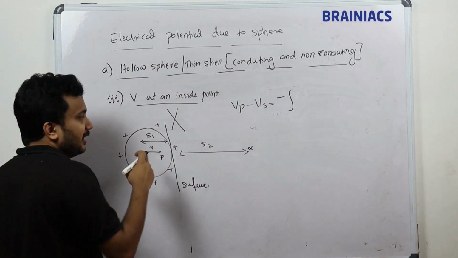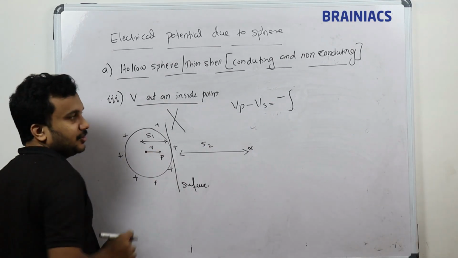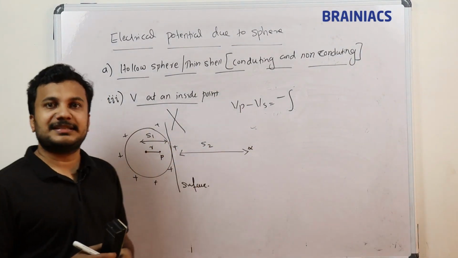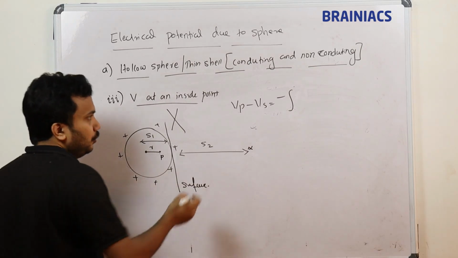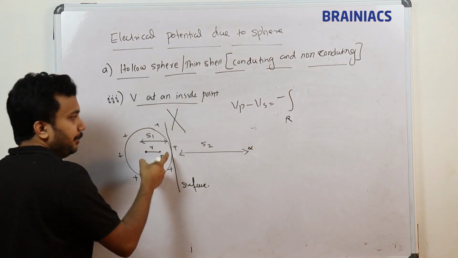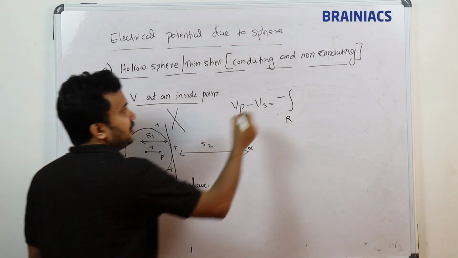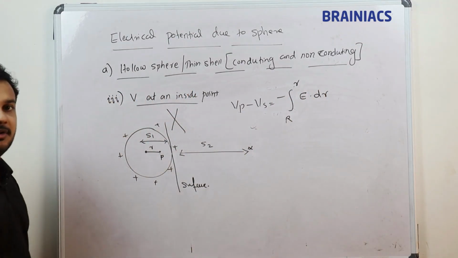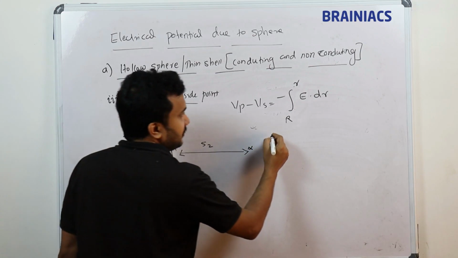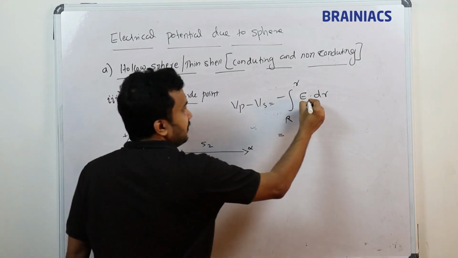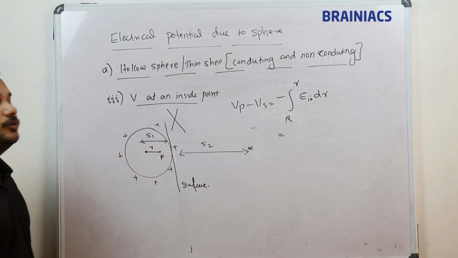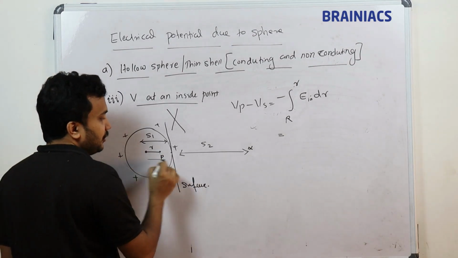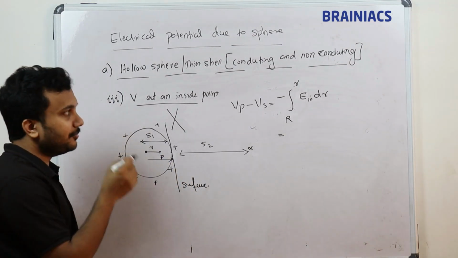We move from capital R to small r, with E dot dr. This electric field is the inside electric field, where capital R is the total distance and small r is the inside point.